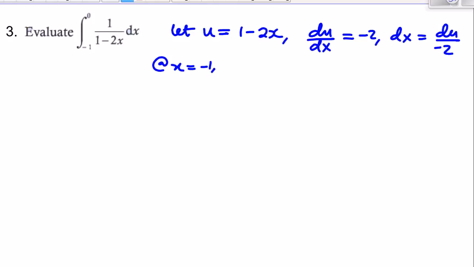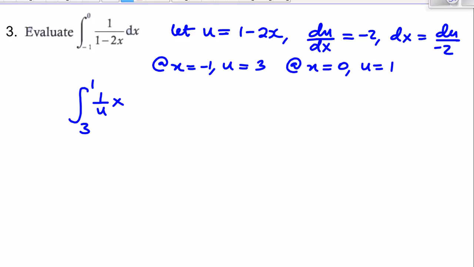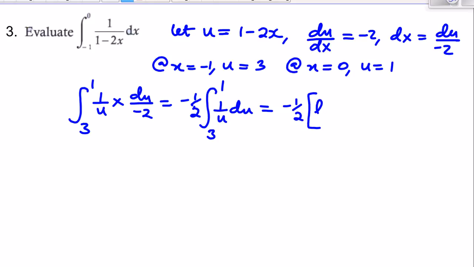At x equals negative 1, u will be 3. At x equals 0, u will be 1, which means my new integral will become, from 3 to 1, 1 over u multiplied by dx, which is du over negative 2. So that means I'll end up with negative a half integral from 3 to 1 of 1 over u du, which will be equal to negative a half ln absolute value of u, from 1 to 3.